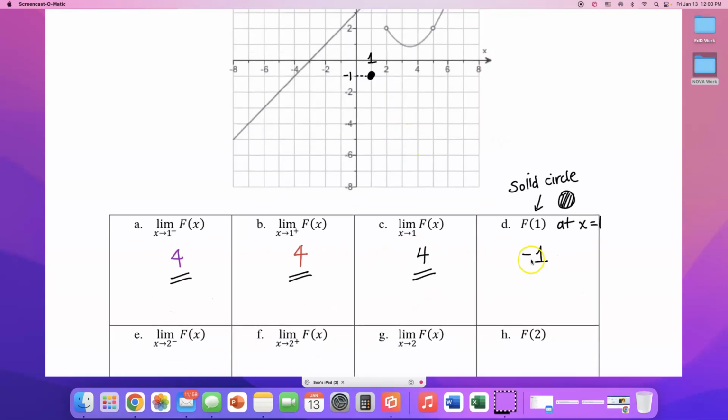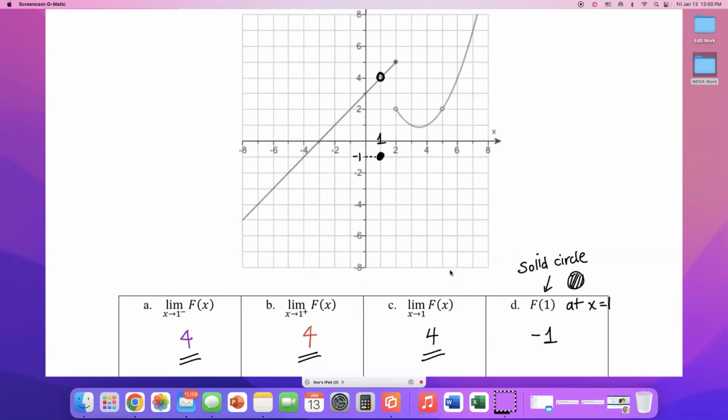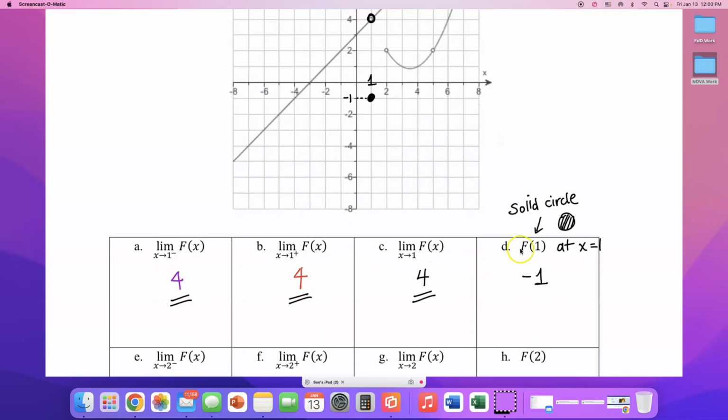If the function value and the limit are the same at that given x value, then we get to say the function is continuous. But that's for a later topic. Right now, we're just reading this graph. But whenever I ask you to find the function value at a certain value, you're looking for a solid circle, a filled-in circle.